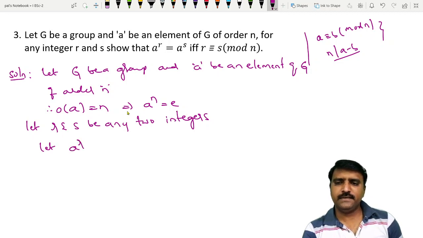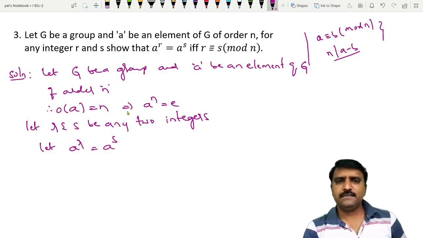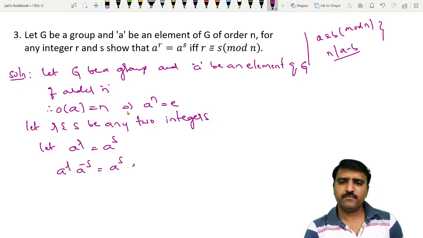Let us take that A to the R is equal to A to the S. If this is true, then we have to show the result. So for any integers R and S, A to the power of R is equal to A to the power of S. Now on both sides you operate with A to the power of minus S. So this can be written as A to the power of R minus S is equal to, since this is the inverse of A to the power of S, the identity element.